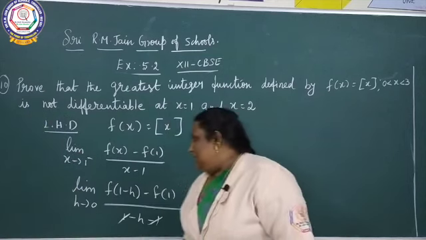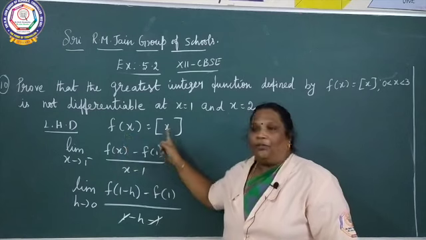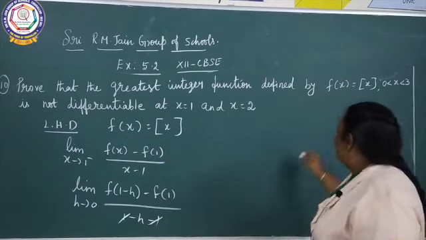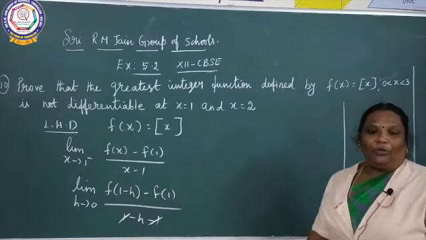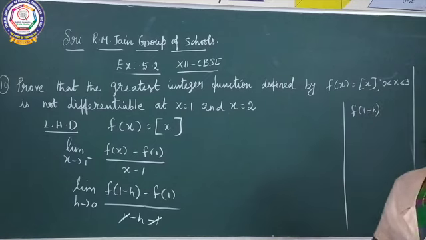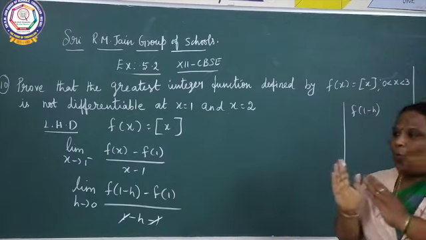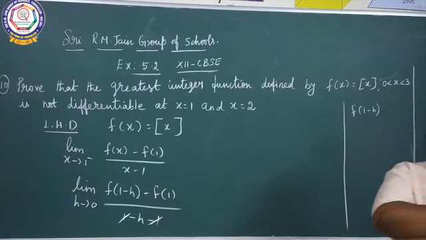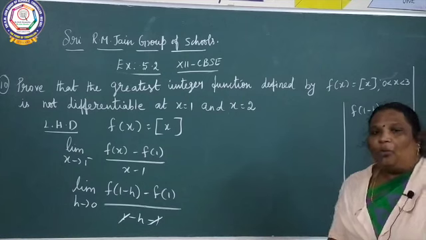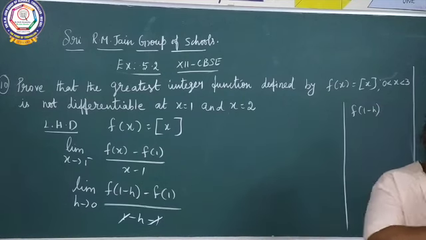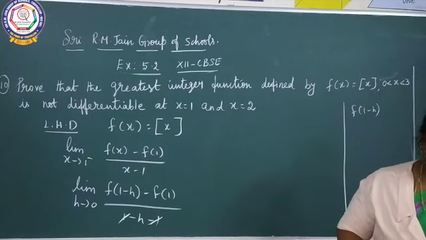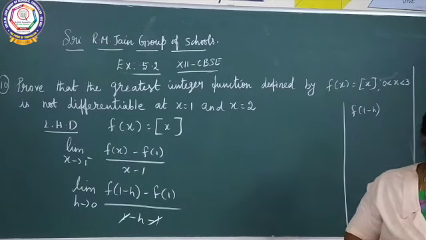See here, in the place of f of x, it is the greatest integer x. f of 1 minus h, see it in the rough column. f of 1 minus h, that is negative, h is approaching 0. I told you in the previous example, h is approaching 0. Negative means it is below 1.